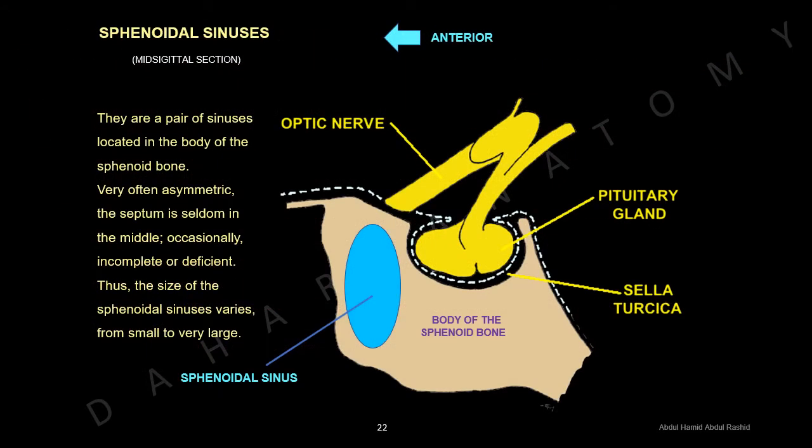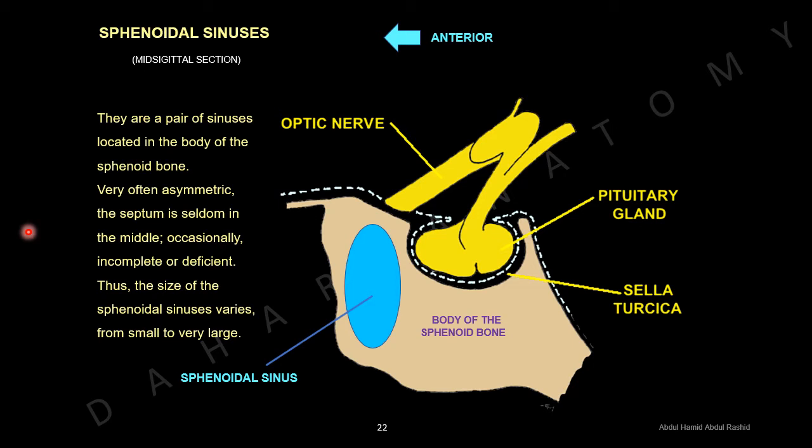Sphenoidal sinuses. Size of sinus and positions of the ostium. Mid-sagittal section. This is the body of the sphenoid bone. This is sella turcica, Turkish saddle, the pituitary gland, and this is the optic nerve.